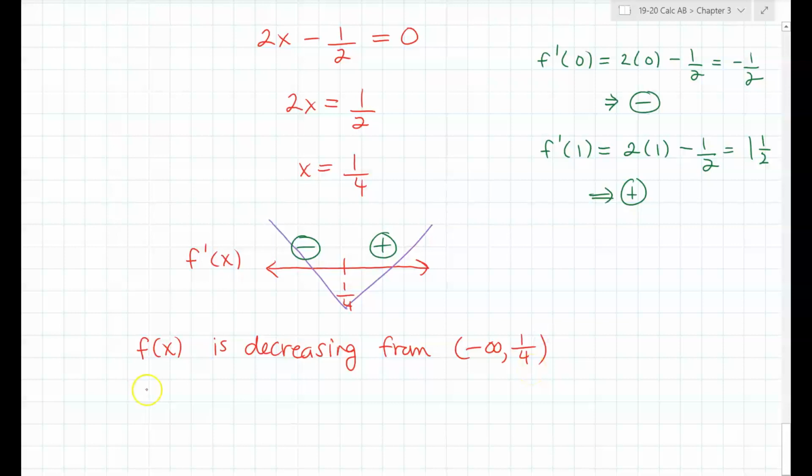Okay, and then I'm going to say f of x is increasing from 1/4 to positive infinity. What's happening at 1/4?